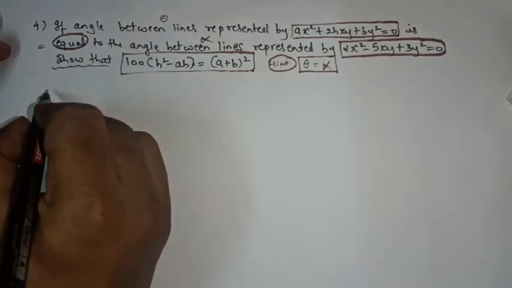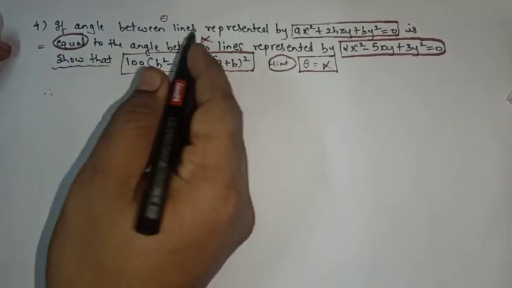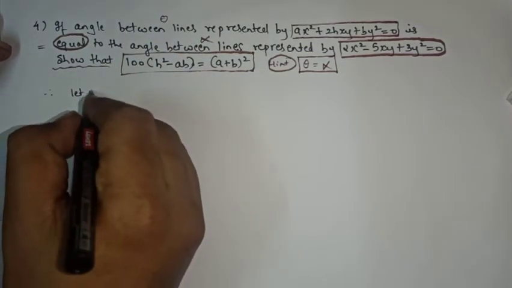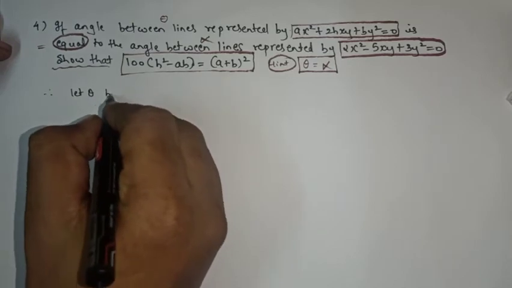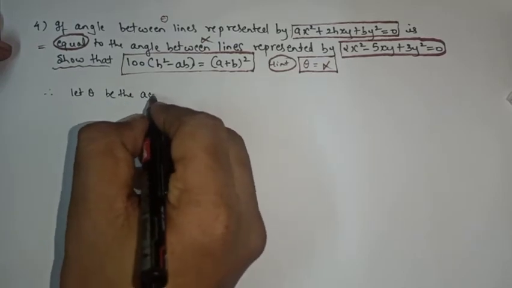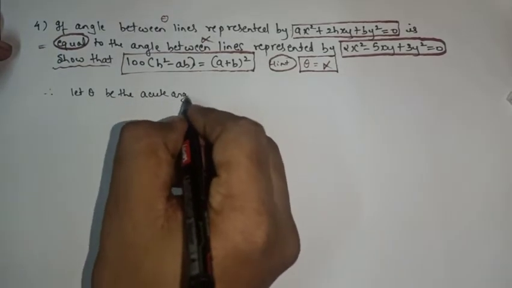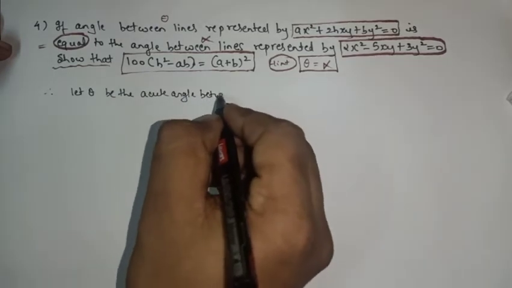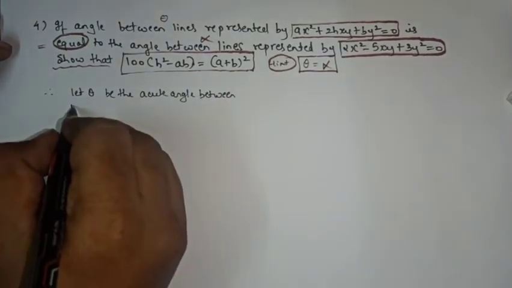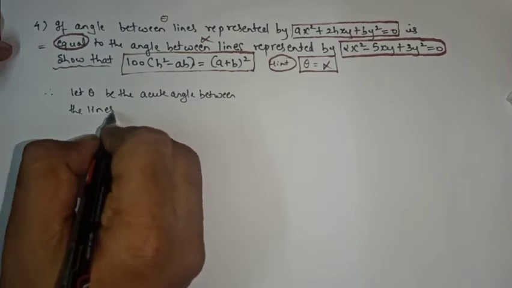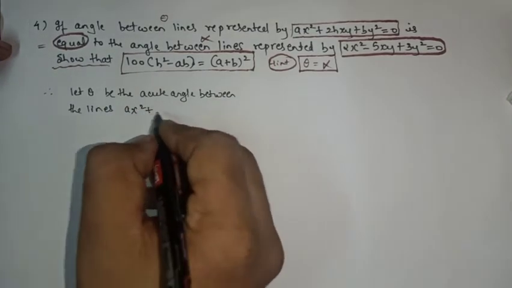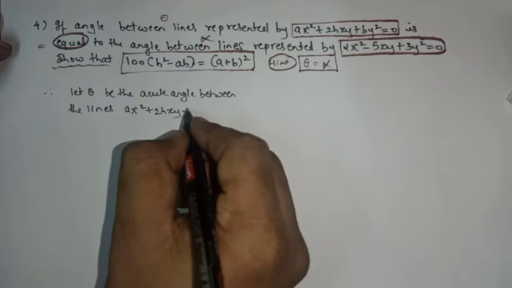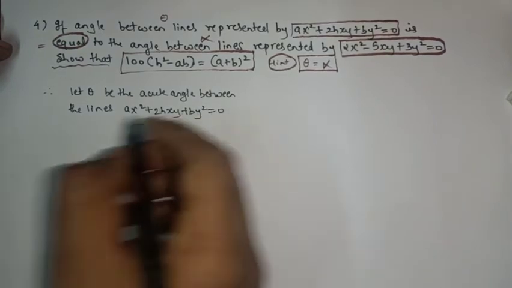For this, I know that theta is the angle, so we'll start with: let theta be the acute angle between the lines ax square plus 2hxy plus by square equals to 0.